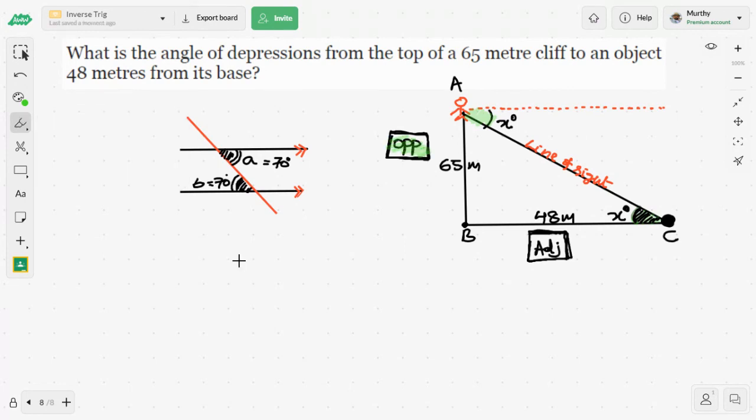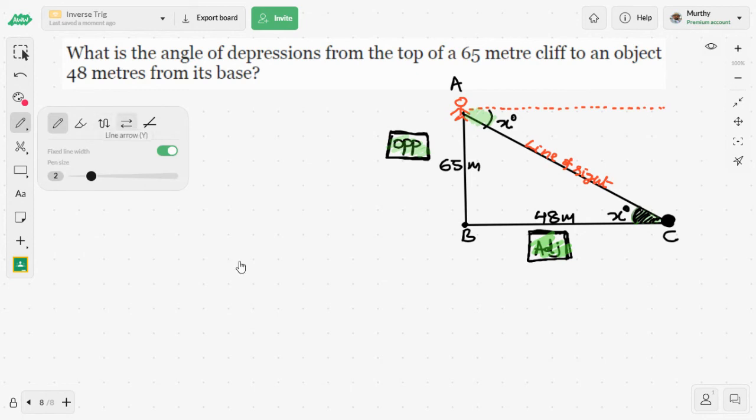If you know the opposite and if you know the adjacent side, which ratio do you have to take? Think for a moment. Well, yes, it is tan theta, because we know SOHCAHTOA, therefore TOA.